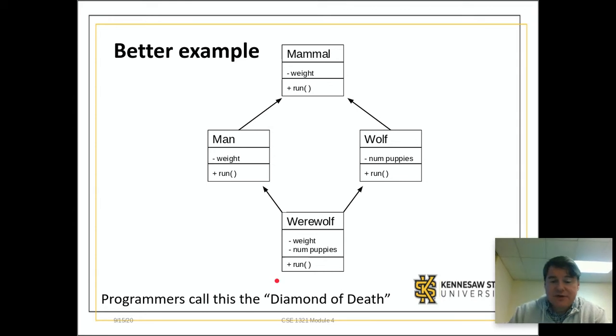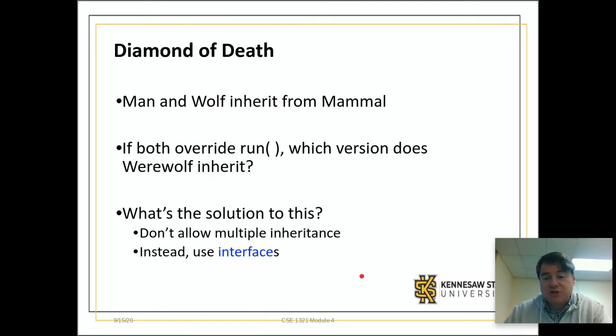And that's what's called the diamond of death, because it's not clear which direction you're supposed to go, and all of this is very confusing to the compiler. Therefore, Java and C# did not implement it. So the simplest answer to this question is just don't allow this, period. That's what Java and C# did. C++ did something different, and you're going to have to wait until your data structures class to see what's going on over there.